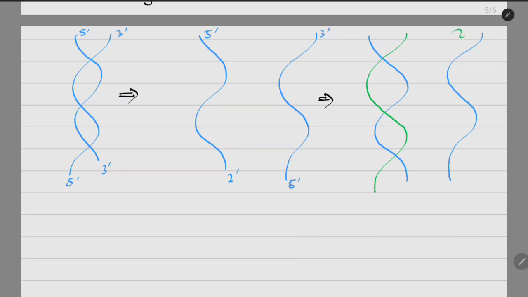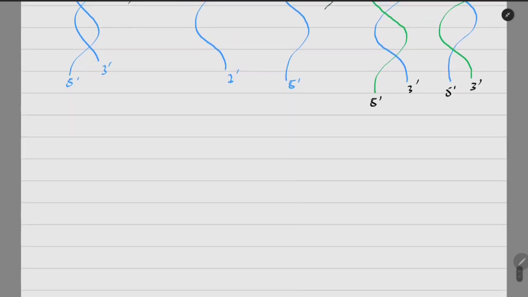This is the one, and this is another one. So here we can see that 5' to 3' is forming, and simultaneously 5' to 3' is forming. Again here, this is 3', this is 5', and this is 3', this is 5'. So here we can see the old one is also present, and the newly formed strand is also present. So this is semi-conservative, not fully conservative, and not fully newly formed. Half of it is newly formed, thus the semi-conservative nature.